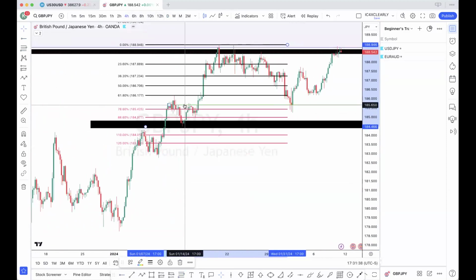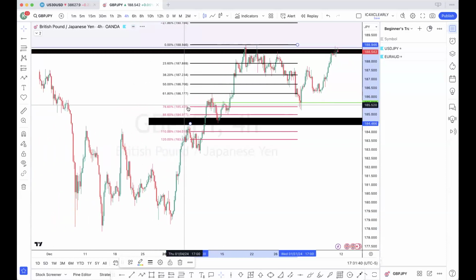If you're a swing trader, if you're an intraday trader, either way, to me, the swing is the swing. And this is still the swing for me. And then you have these little internal ones that you can use.